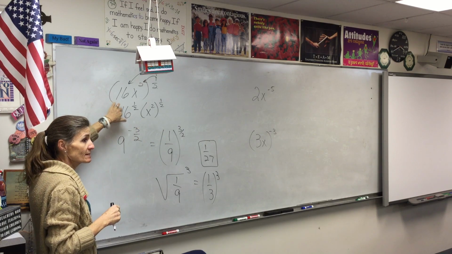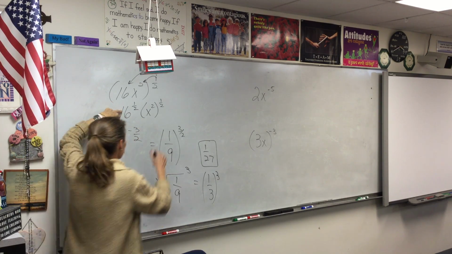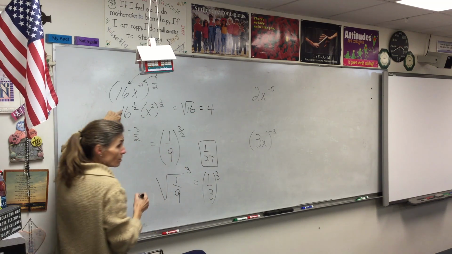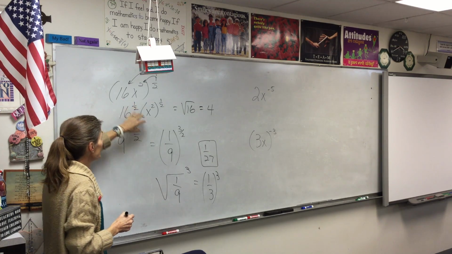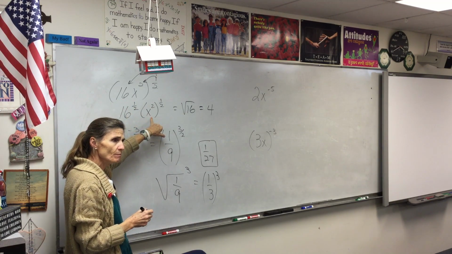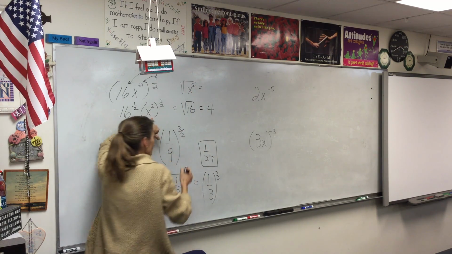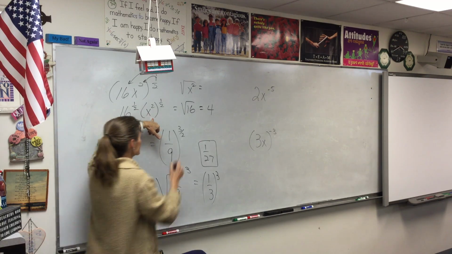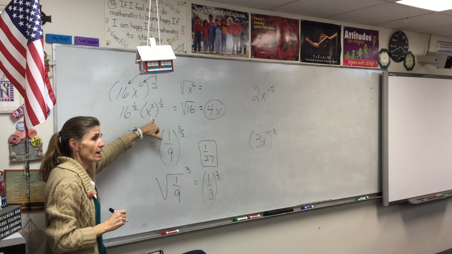What does 16 to the 1/2 mean? The square root of 16, which is 4. So this part's 4. What does this mean? The square root of x squared. What is the square root of x squared? X. So the answer to the problem is 4x.